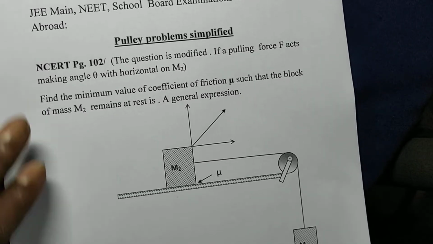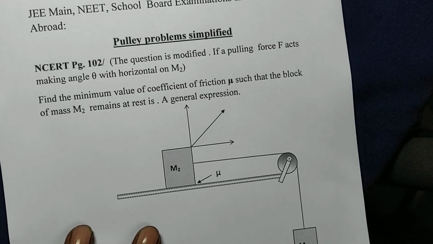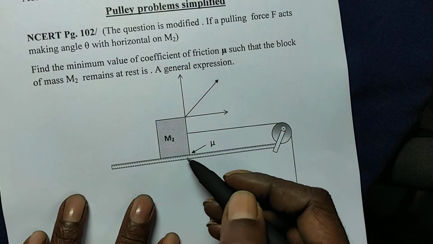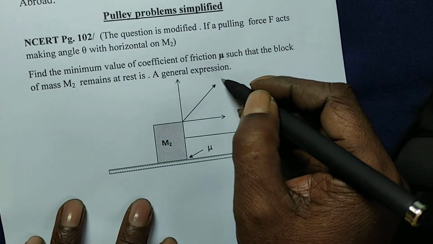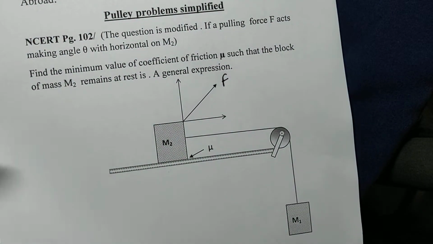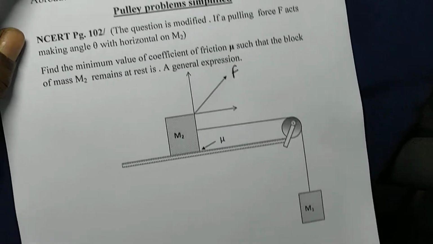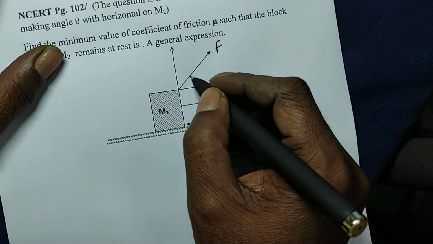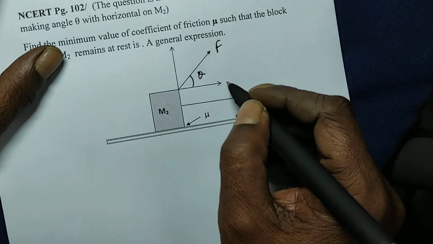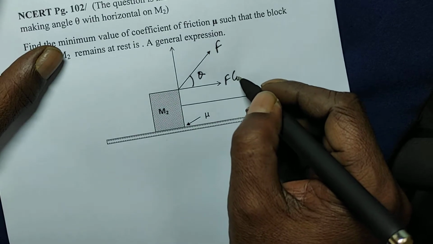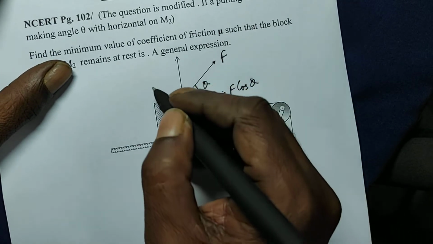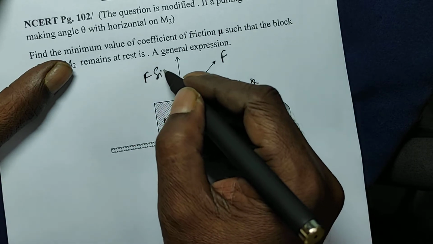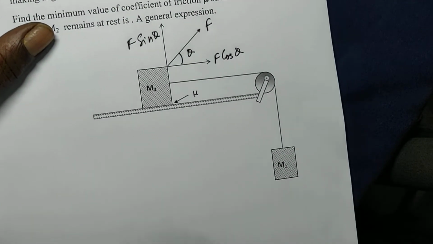The same problem here. Now in addition to the force of friction here, I have applied a force here, F, right? Now making angle theta with the horizontal, so this is your F of cos theta and this is your F of sin theta.